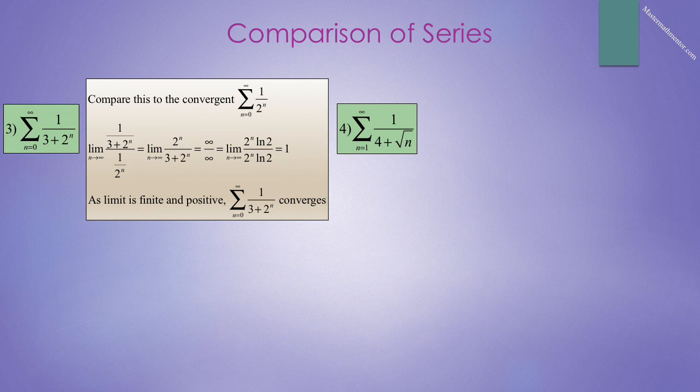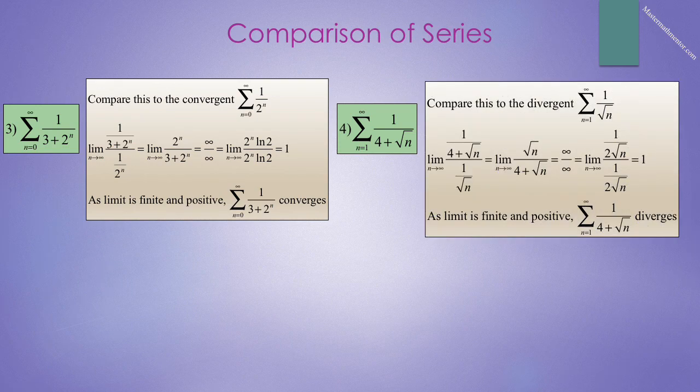The limit as n approaches infinity is equal to 1. Therefore, as the limit is finite and positive, summation n equals 0 to infinity of 1 over 3 plus 2 to the n does what summation n equals 0 to infinity of 1 over 2 to the n did, which was converge.